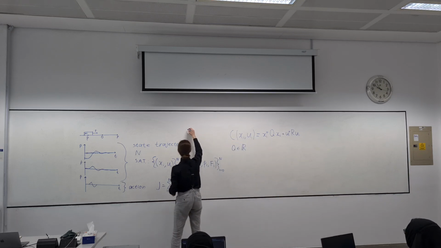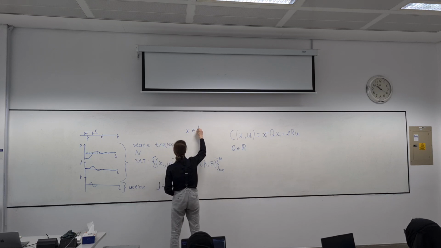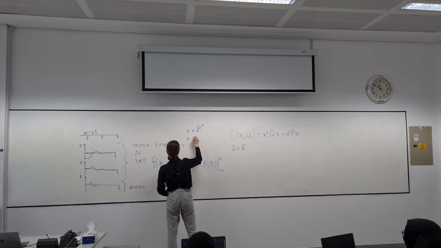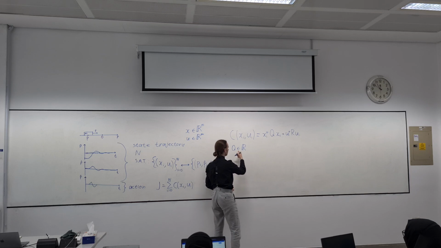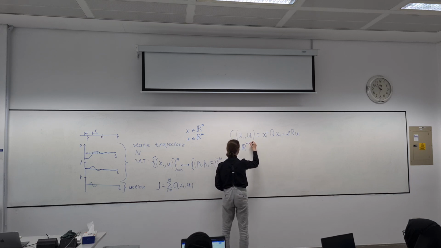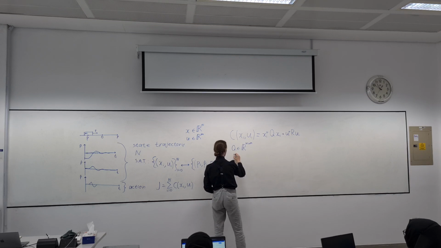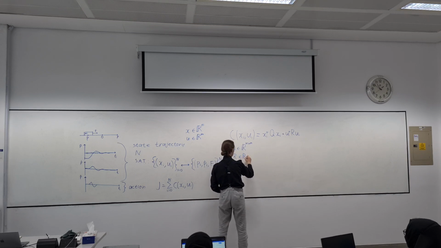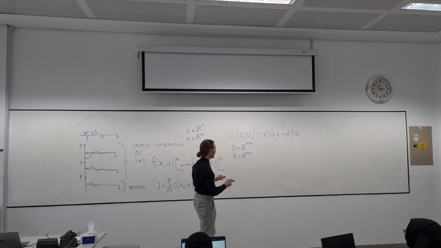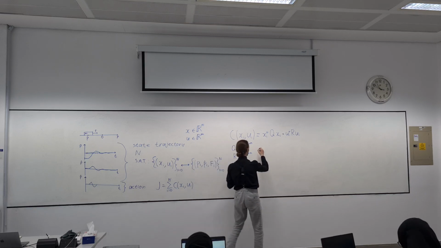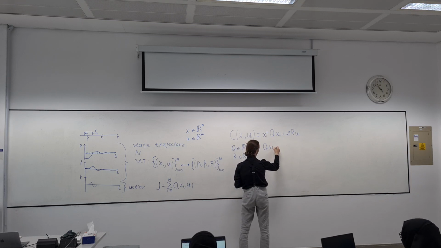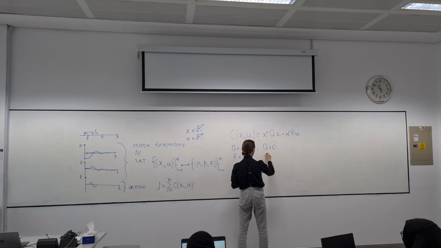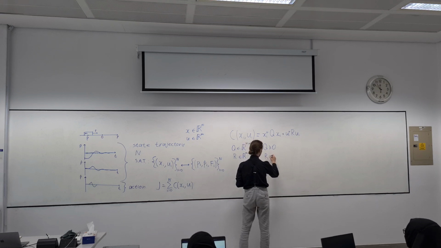Remember that x vectors live in R^n, the u vectors live in R^m. So this Q matrix has to be of dimensions n times n, and the R matrix is from the space of matrices m by m. And also we have to require a couple of properties. We want the matrix Q to be positive semi-definite, and matrix R to be strictly positive definite.